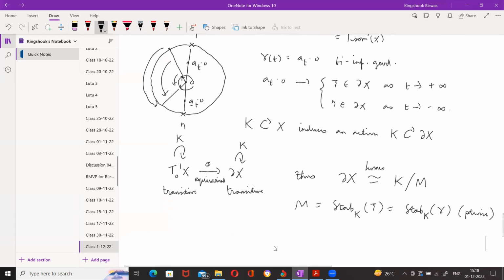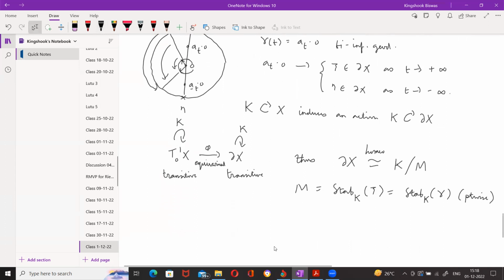So if k belongs to M, let me just write it this way: k belongs to M if and only if k a_t o is equal to a_t o for all t.